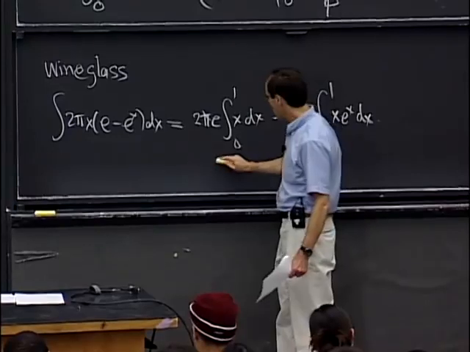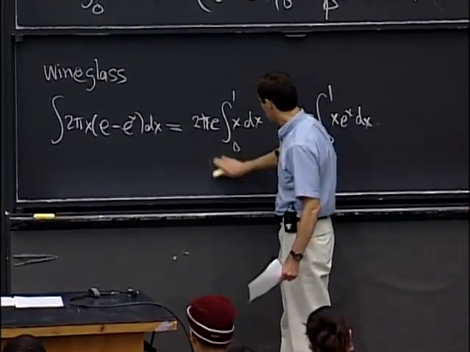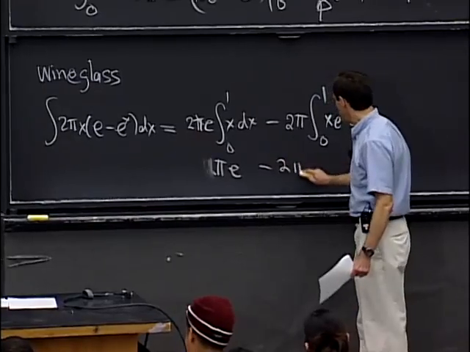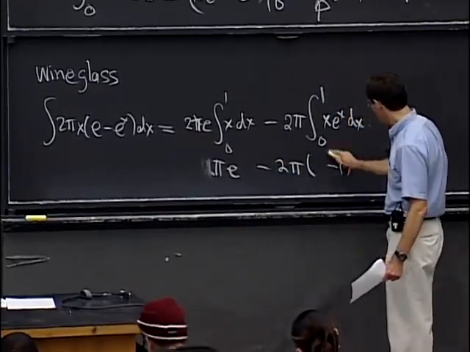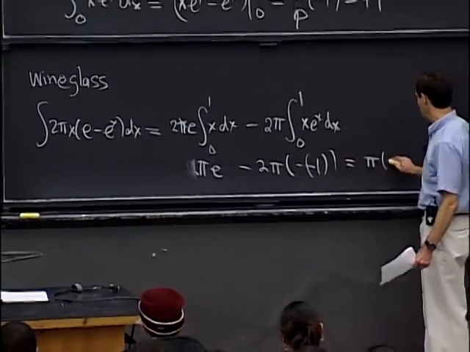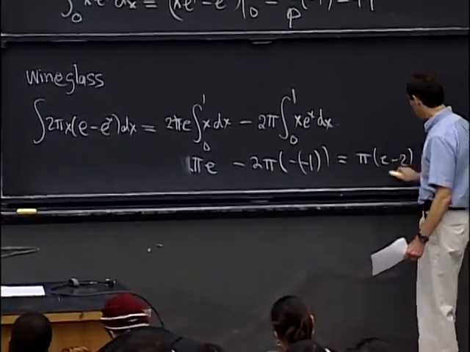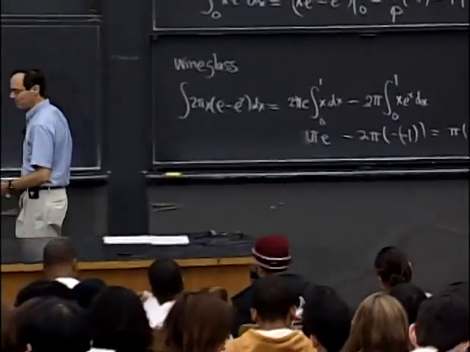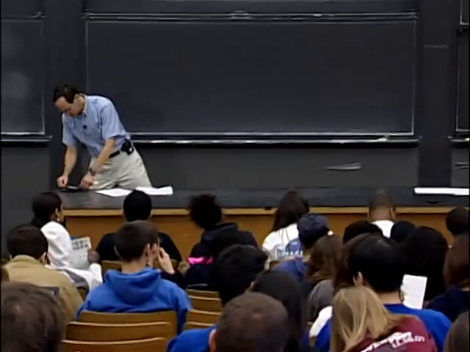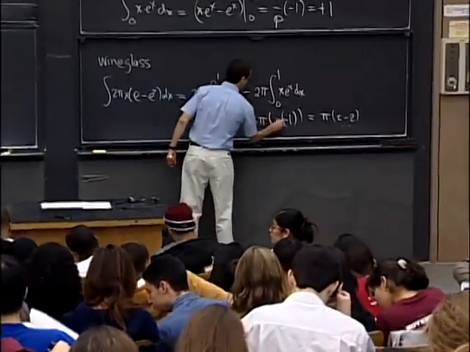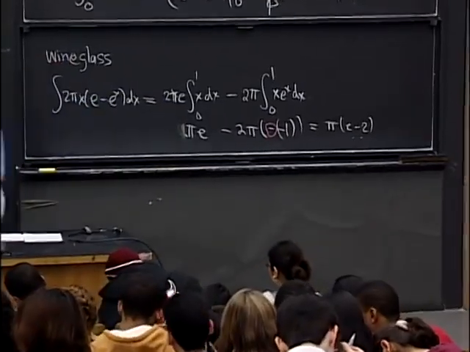And then I worked this out, and it was pi e. And then this one was minus 2 pi, and what I wrote down was minus 1, but there should have been an extra minus sign there, right? The final answer was correct, but this minus sign was missing right there. All right.